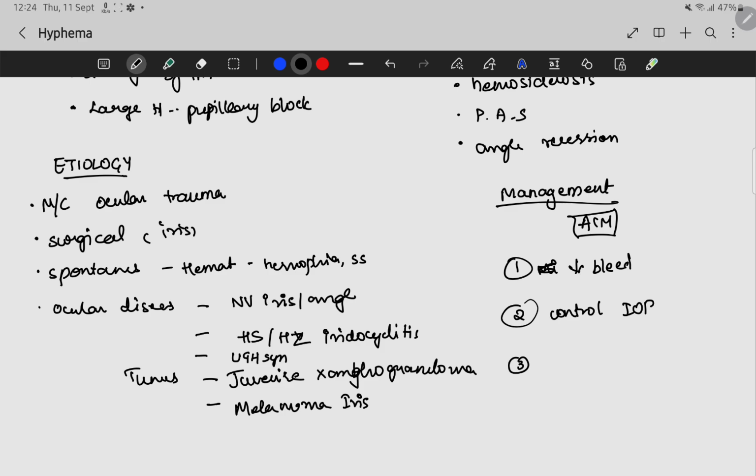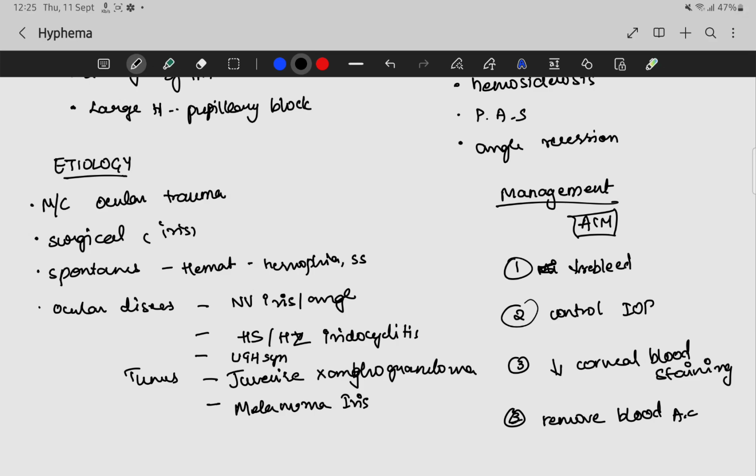We have to make sure that there is no corneal blood staining. And we have to remove the blood, right, from the AC. So these are the aims of management, right?